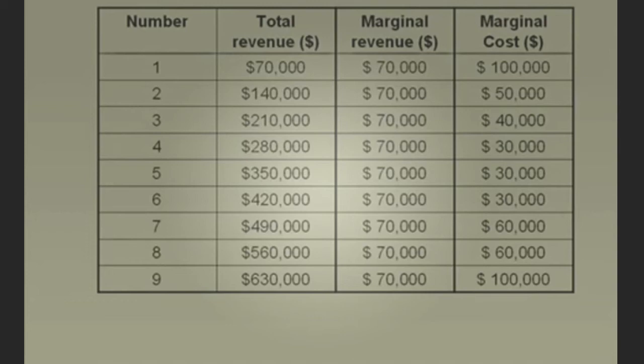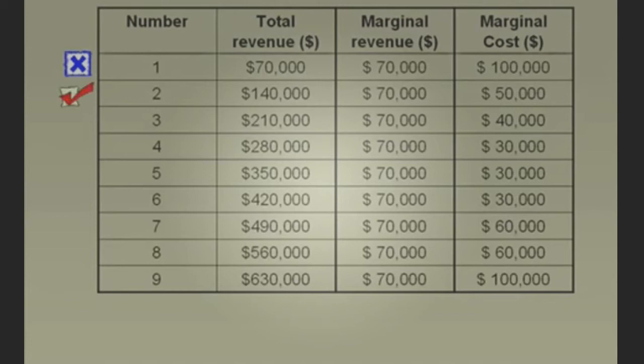Let's do it step by step. How about making 1 unit? Not a good idea, because the marginal revenue is 70,000, but the marginal cost is 100,000. So the additional cost is greater than additional revenue. 2 units?